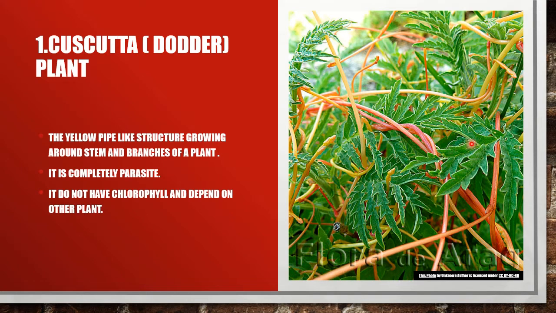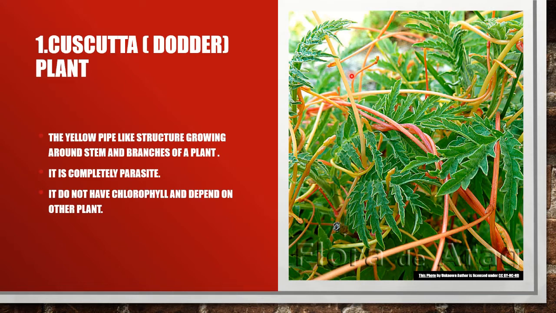So this green plant is the host plant and the yellow pipe-like structure is the parasitic plant. So we can say that the parasitic plant depends on the host plant for its nutrition. It grows around the stem and branches of the host plant so that it can obtain its nutrition.